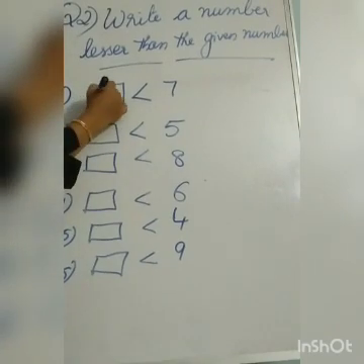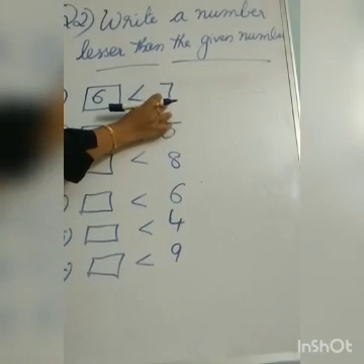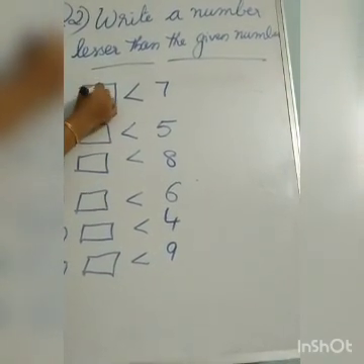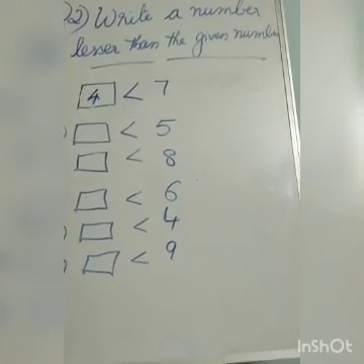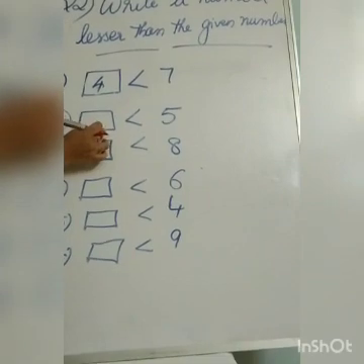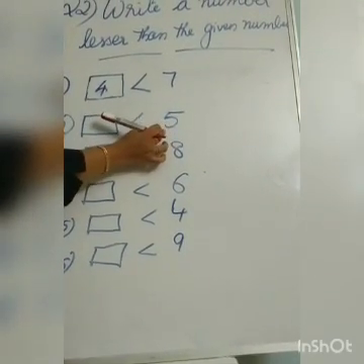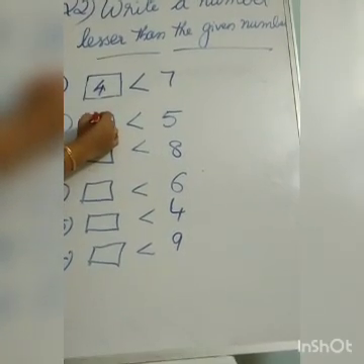I will write 6. 6 is lesser than 7. You can write 5 also. Then you can write 4 also. Next, dash is lesser than 5. You can write any number from 0 to 4.